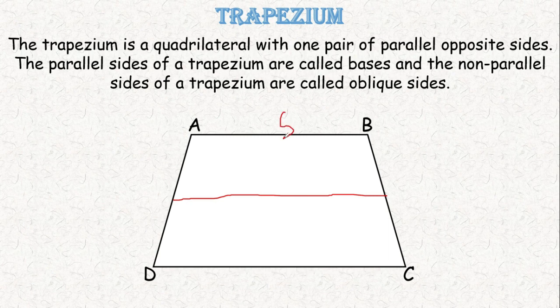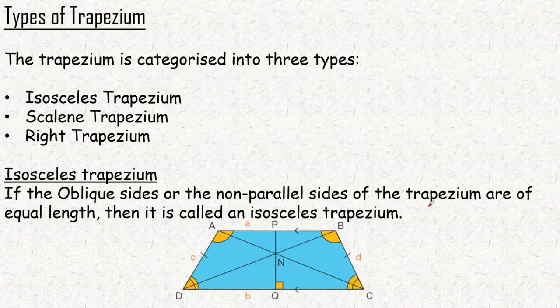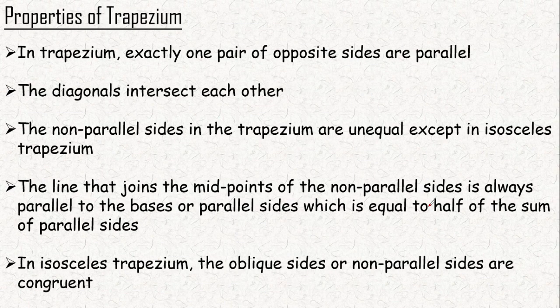If we take this as 8 and this as 3, then the length of this midline will be 8 plus 3 by 2. That's taking the average of the two sides, AB and DC, by 2. This is the formula. We add both parallel sides, take the average of the parallel sides and multiply it with height.